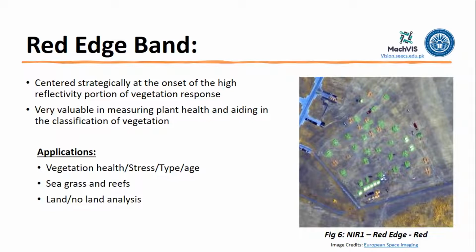With red edge, you can see the highly green regions, highly vegetative regions of the particular area that you have captured. It is also used in health or stress monitoring of the crop. This particular band is also very important in crop type mapping as well: what type of crop is actually there in the region that you are considering.